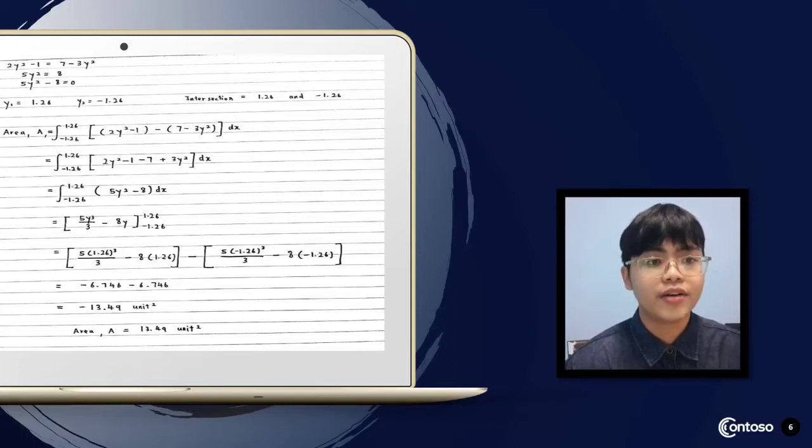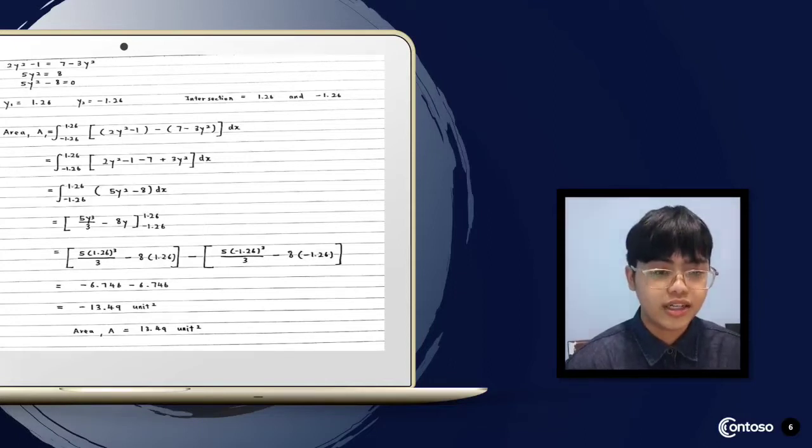Then 5y cubed over 3 minus 8y, in brackets from negative 1.26 to 1.26. Then we substitute y, so it will become 5 times 1.26 cubed over 3 minus 8 times 1.26.